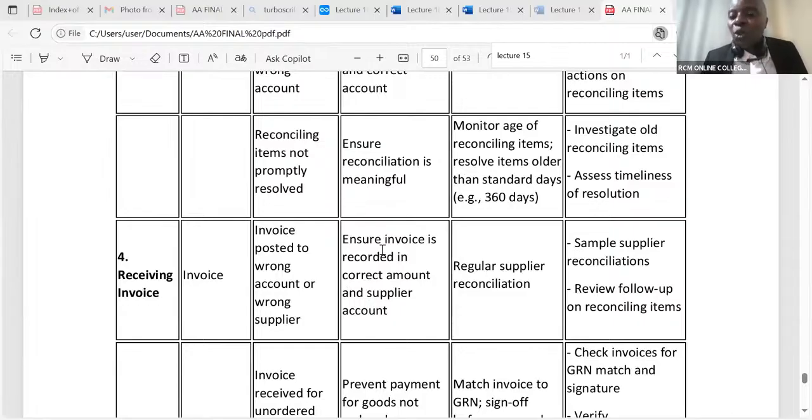So the best control is regular supplier reconciliations. Just always ensure that you are reconciling these accounts payable, AP. And when we are reconciling accounts payable, of course, we shall have the individual client's ledgers. But we must trace the same to what we call the GL, the general ledger.